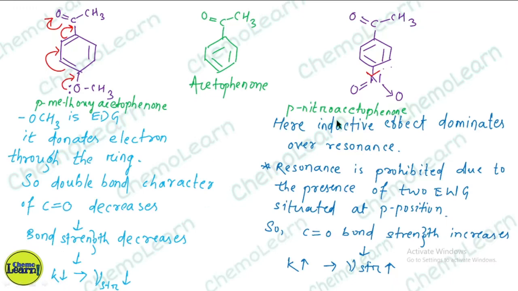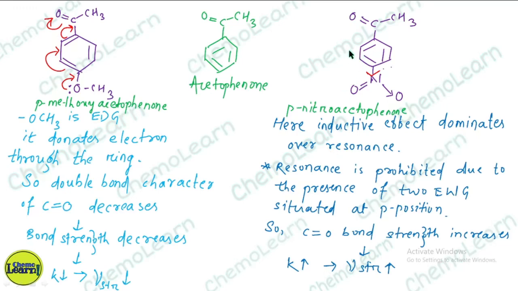On the other hand, in case of para-nitroacetophenone, here the inductive effect dominates over the resonance. Here resonance is prohibited because there are 2 electron withdrawing groups, NO2 and COCH3. Both are electron withdrawing groups. So, here resonance is prohibited and the inductive effect dominates.